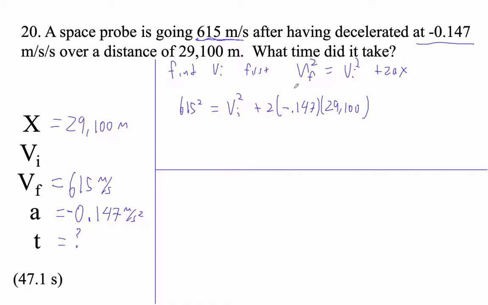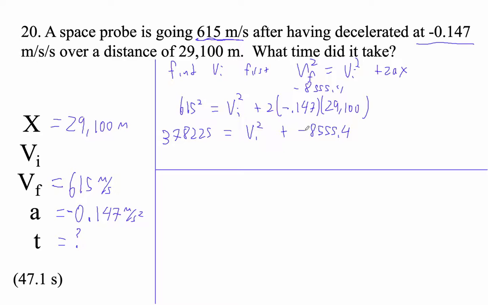And I get negative 8,555.4, and then I'm going to add it to this side, and then 615 squared is, wow, that's a big number, right? So now I've got 378,225 equals VI squared plus negative 8,555.4.